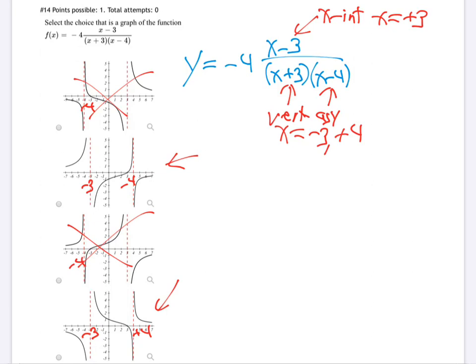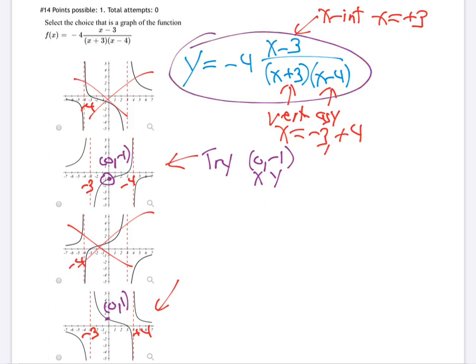How do we know which one? Well, they have different intercept points, don't they? This one hits at negative 1, 0 minus 1. This one hits at positive 1, 0 plus 1. Which one's right? Well, you just try it out. Let me try 0, negative 1. And we're going to see if it makes this equation true.